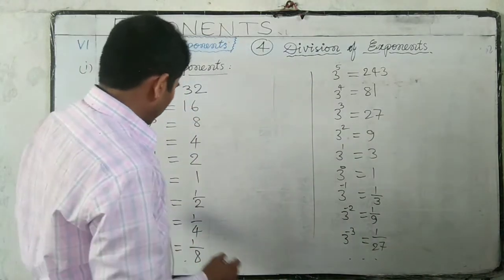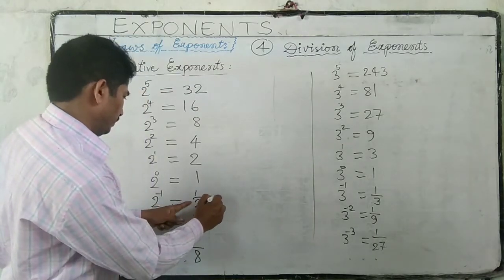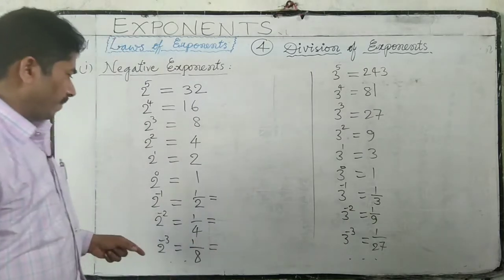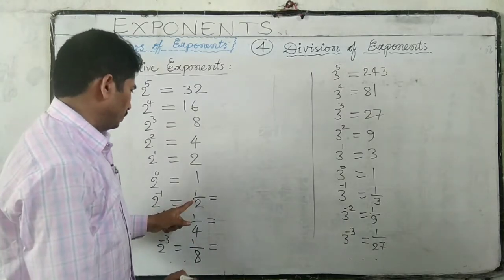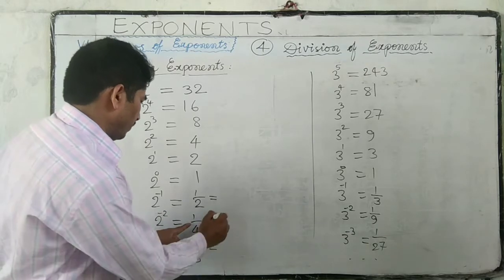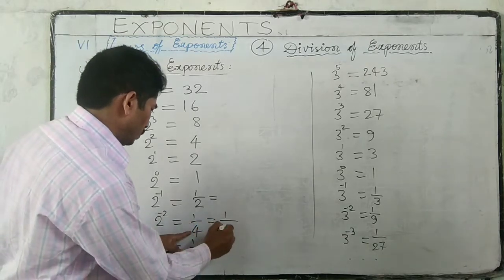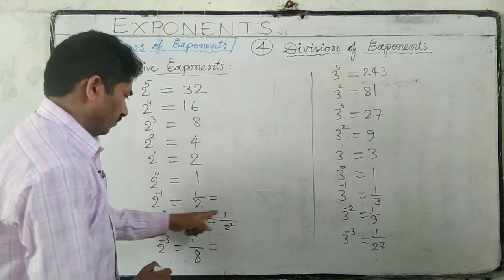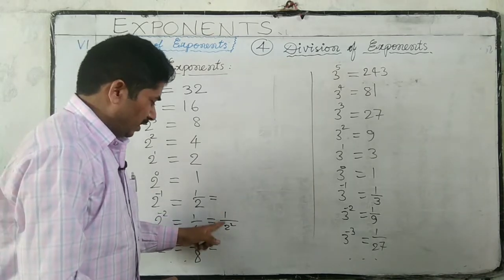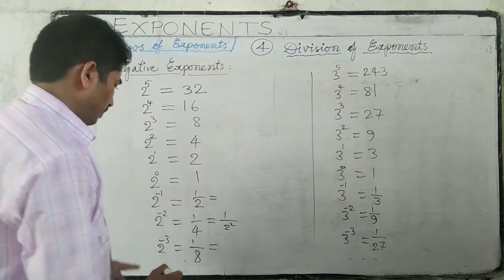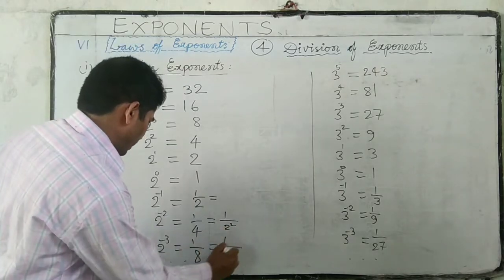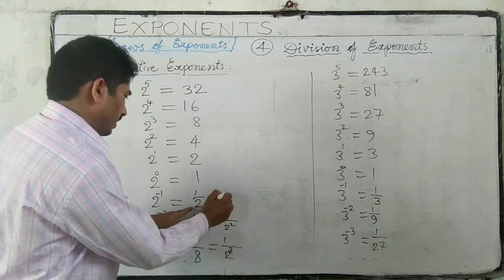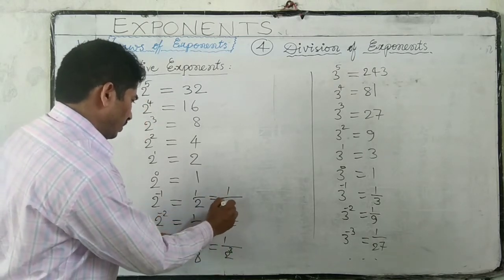If we observe this, we can get one idea. 1 by 2. Here we can observe 2 square. Here we have 2 to the power of minus 2. We got in denominator 2 to the power of 2. Here 1 by 2 cube, 8 is 2 cube. So we can write now 2 to the power of 1.